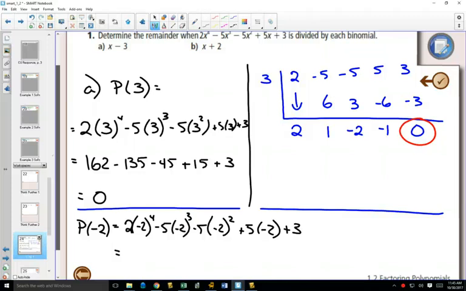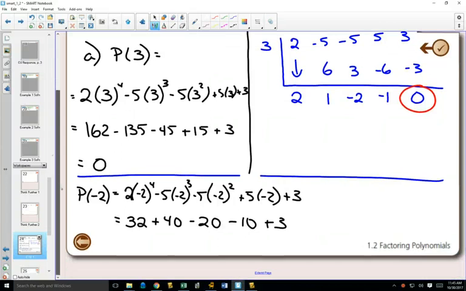Negative 2 to the power 4 is 16. 16 times 2 is positive 32. Negative 8 times 5 is plus 40. 4 times 5, minus 20. Minus 10 plus 3. So we're going to get 52, 42, 45.